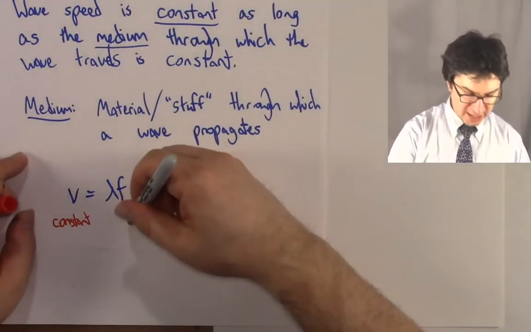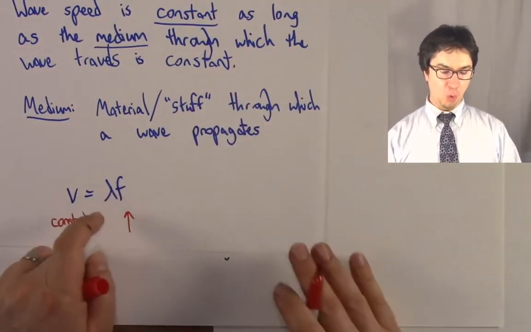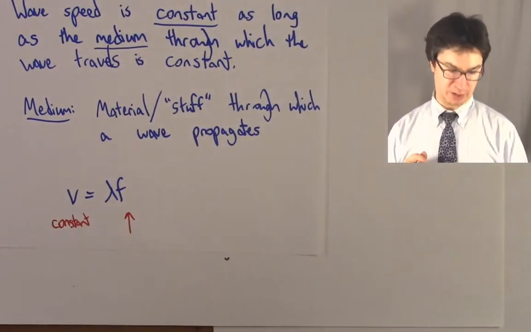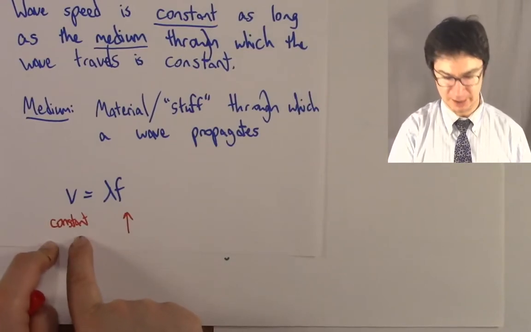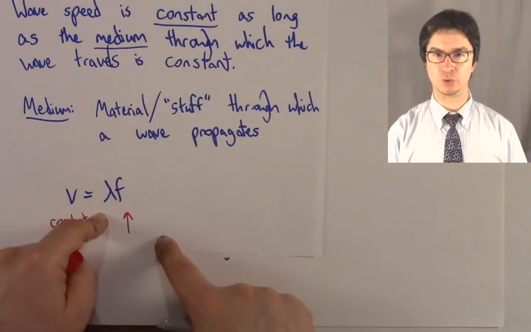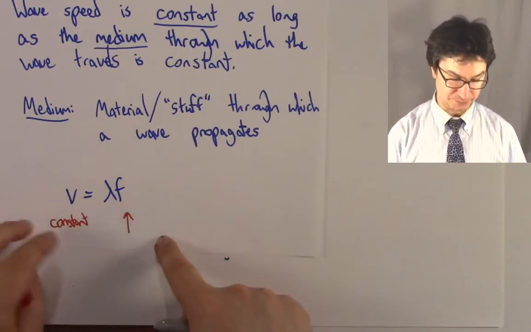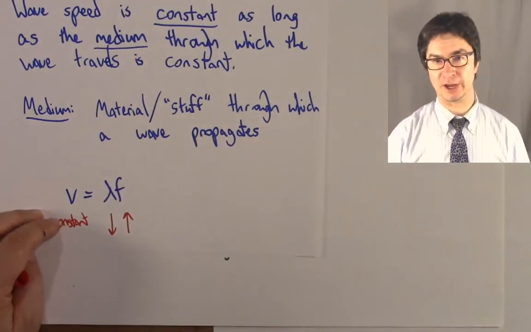If I were to increase the frequency of the wave, what would have to happen to the wavelength in order to balance this equation? So again, the left side of the equation has to stay constant, right? If we increase the frequency of the wave, what has to happen to the wavelength in order to balance the increase of the frequency? If you said the wavelength has to decrease, you're absolutely right.